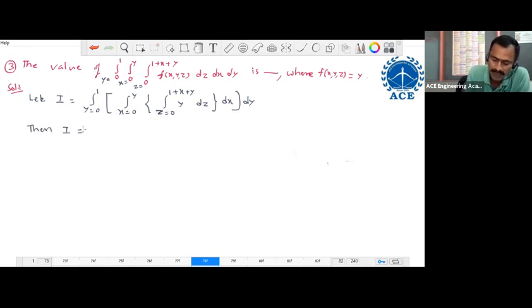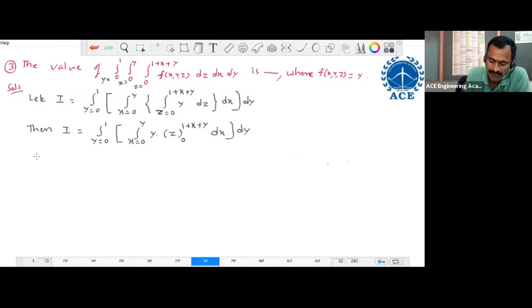Then I equal to integral y equal to 0 to 1, integral x equal to 0 to y. We are integrating the innermost integral with respect to z. That is why we have to choose the other variables as constant. So y is constant. Integral of 1 with respect to z is z, 0 to 1 plus x plus y, dx, and then dy.